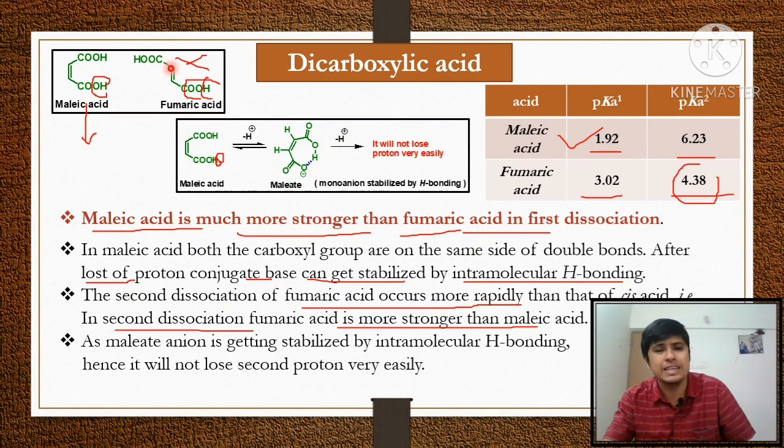Hence, fumaric acid has more acidity in second dissociation, as the maleate anion is stabilized by intramolecular hydrogen bonding. So they have different acidity at different pK, different dissociation constants. Maleic acid is stronger for first dissociation, while fumaric acid is stronger for second dissociation.